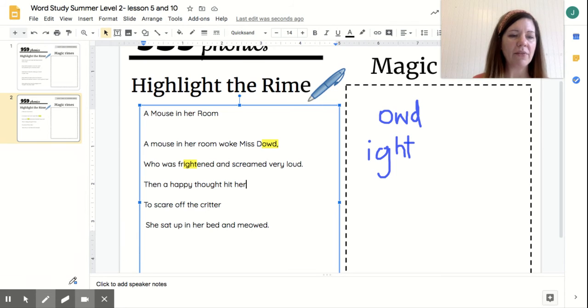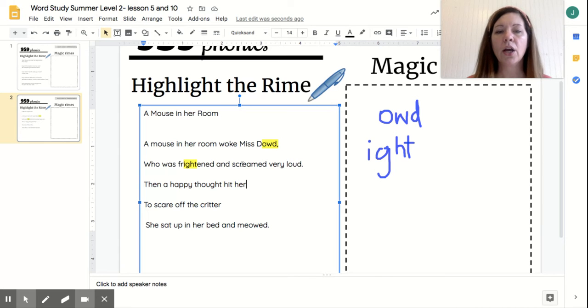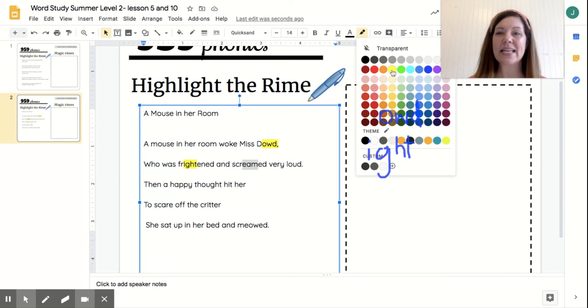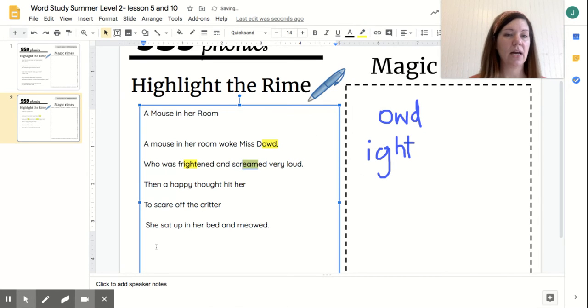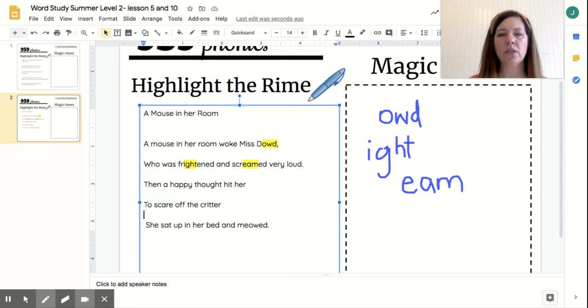You know, there's a lot of really great magic rhymes for us to look at in this line. How about in screamed? Go ahead and highlight that. It's the E-A-M, and that says eam. Okay, so you've highlighted eam. Let's write eam in the box. And then let's look at this word loud.